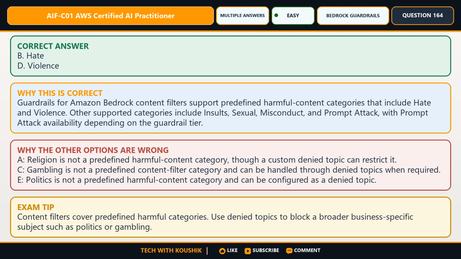C. Gambling is not a predefined content filter category and can be handled through denied topics when required. E. Politics is not a predefined harmful content category and can be configured as a denied topic. Content filters cover predefined harmful categories. Use denied topics to block a broader business-specific subject such as politics or gambling.